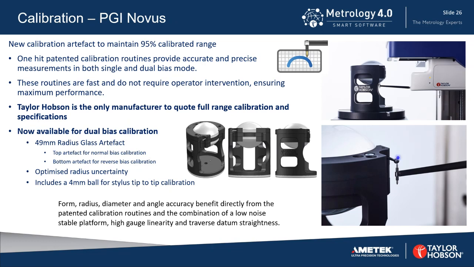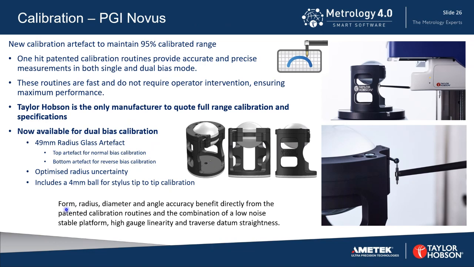And this 4mm diameter ball is used to determine the relationship between this tip and the lower tip. And it does that in both the Y direction and the X direction, and that's used automatically for compensation by the PGI Novus. So this whole routine, the measurement on the top surface, lower surface, and the small ball calibration are all fully automatic.